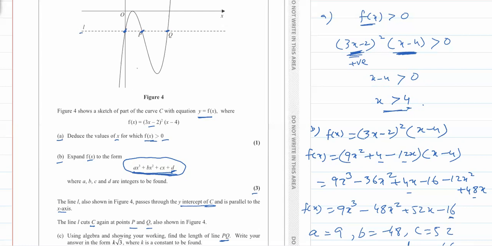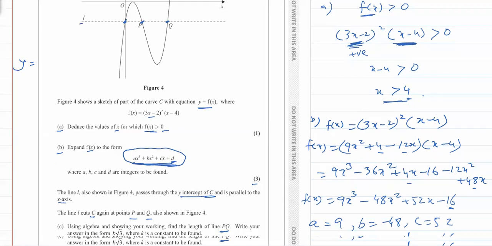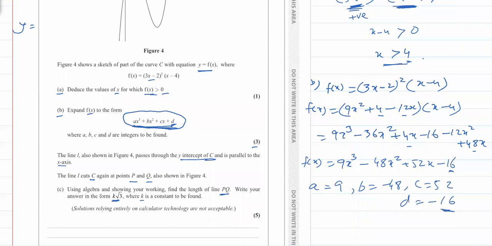It is also given that the line is parallel to the x-axis. A line parallel to the x-axis will always be y equal to some constant value, y equal to the y-intercept actually. We found in the previous part that it is minus 16.